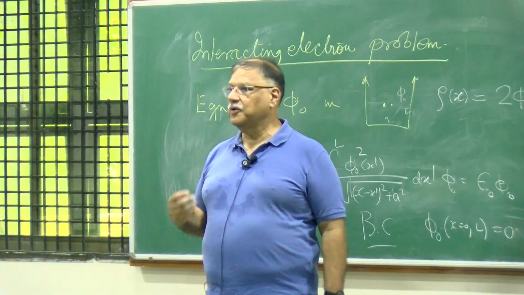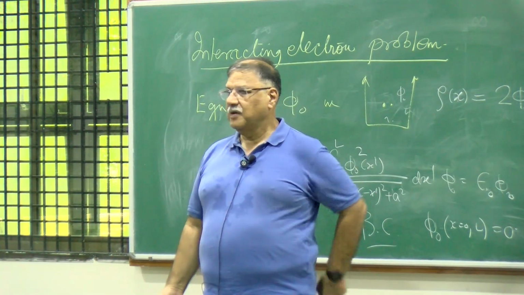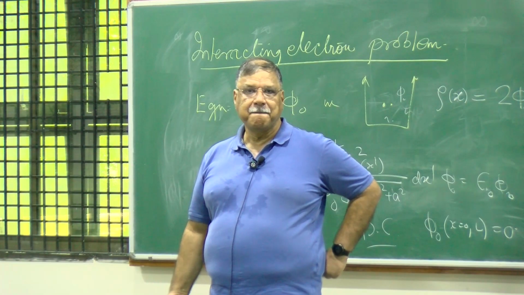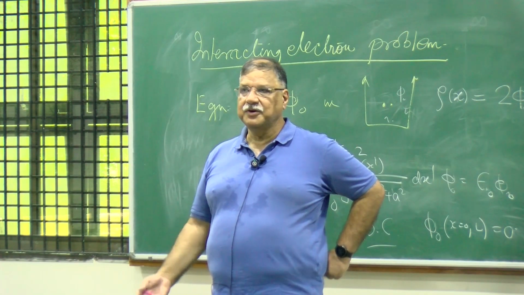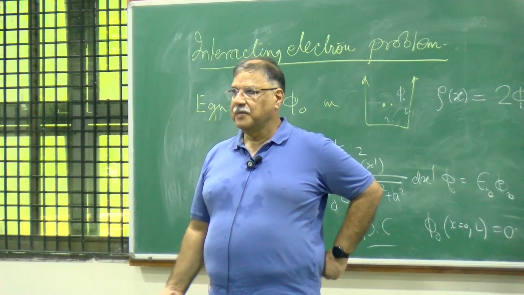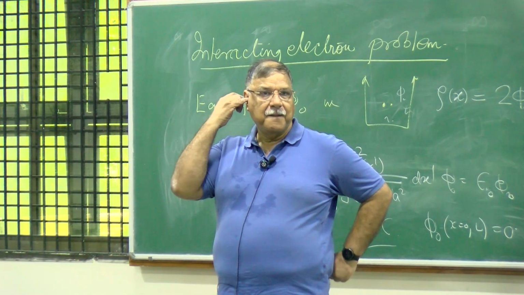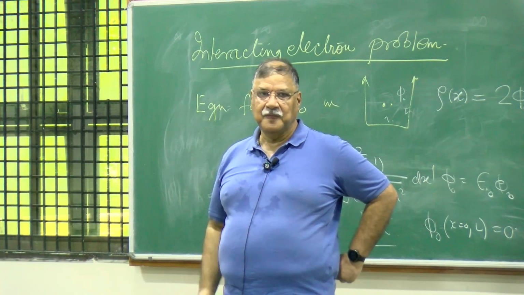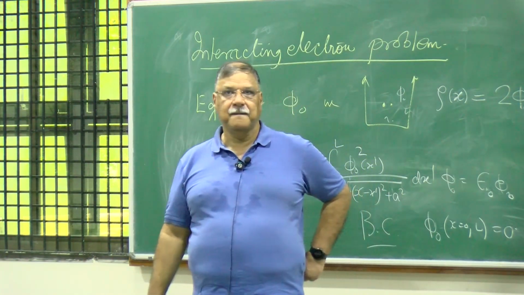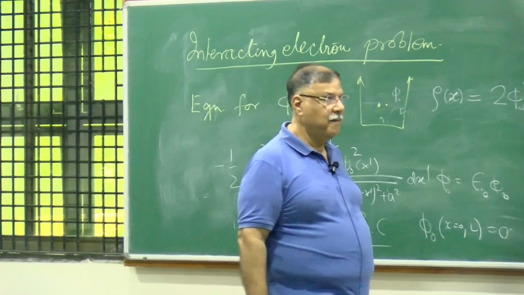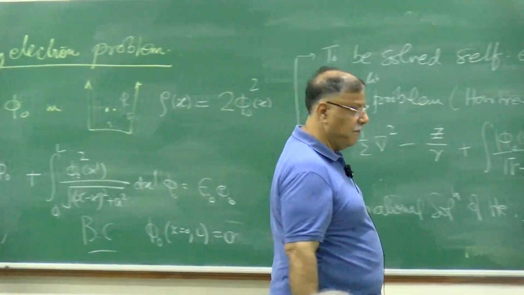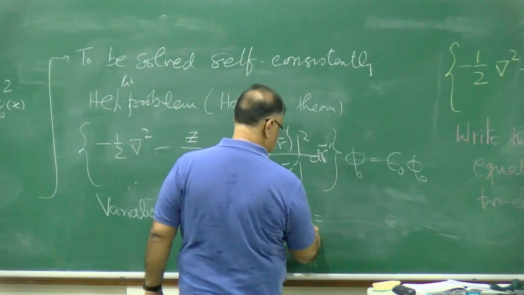Have you ever solved it in your quantum mechanics course? If not, then I have to tell you. Did you ever solve it in your quantum mechanics course? Helium problem done variationally. What is the answer? What does phi naught come out to be?